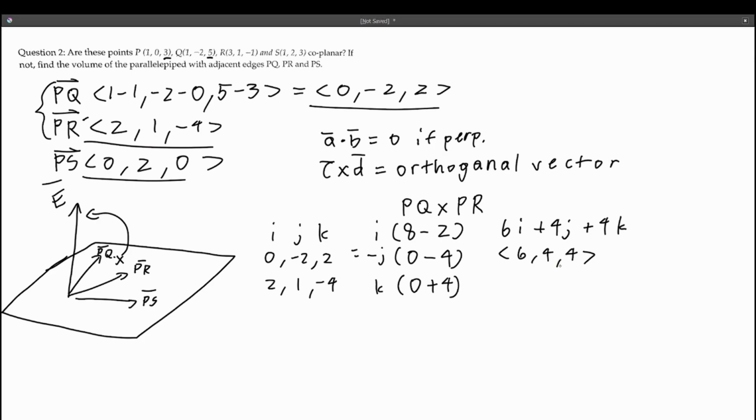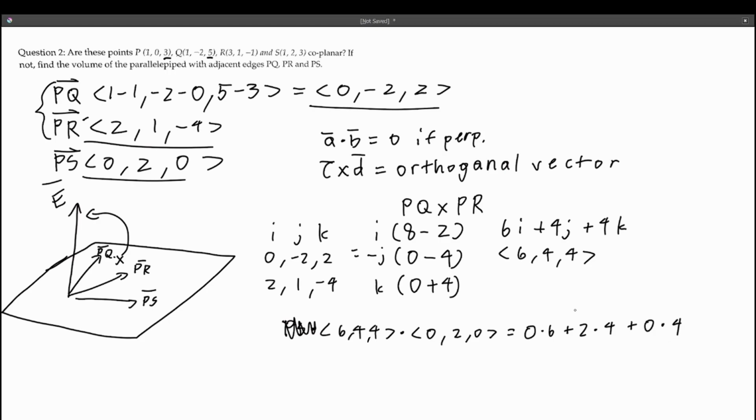All we gotta do now is test if it's perpendicular to PS with a dot product. So we do PS dot this vector here, 6, 4, 4, which is equal to the dot product of 6, 4, 4, and PS, which is 0, 2, 0. That equals 0 times 6 plus 2 times 4 plus 0 times 4.